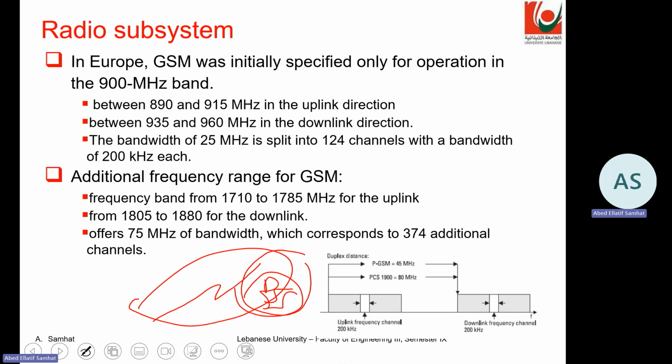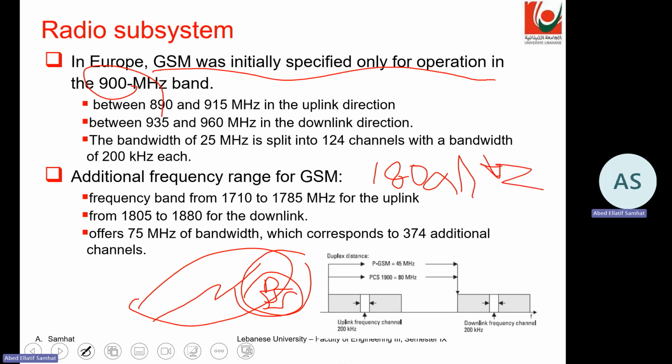In Europe, GSM was initially specified for operation in 900 megahertz, and now we also have 1,800 megahertz that is used.